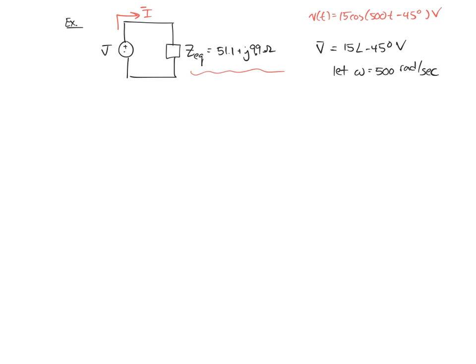Noting that we are just driving a single impedance, Z equivalent, we can find the current phasor I bar as V bar over Z equivalent, by Ohm's law. So that's 15 angle negative 45 degrees divided by 51.1 plus j9.9.